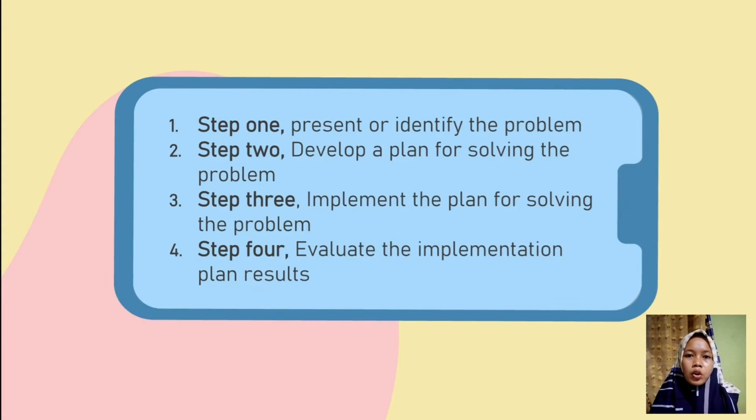Step 1, present or identify the problem. The goal of the first step in the problem-based learning model is for students to learn about and examine the problem. Either the teacher presents the problem or students identify it based on information introduced by the teacher.